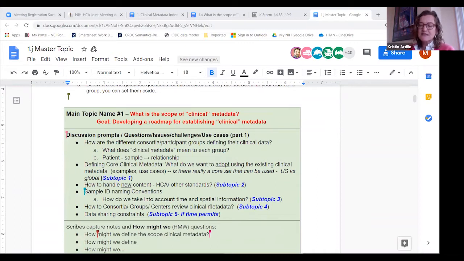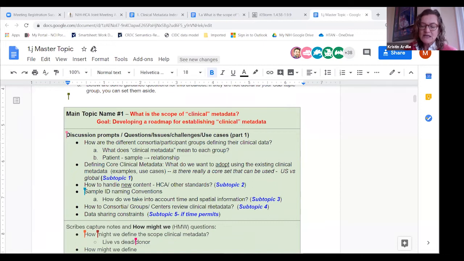But some of the things that I think encompass clinical metadata include things that are related to the donor or the participant or the patient, depending on what you call them, but also in my world, some things that would be assigned to the sample, but are particularly relevant in sort of this single cell area where part of those collections or early type of collections matter to the sample quality.